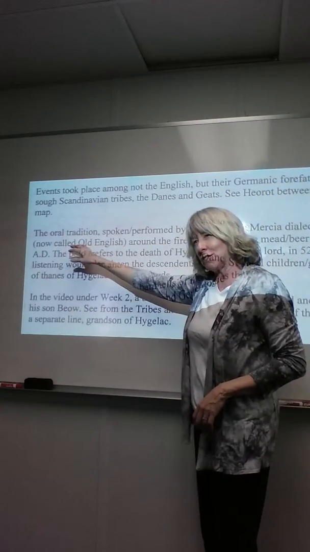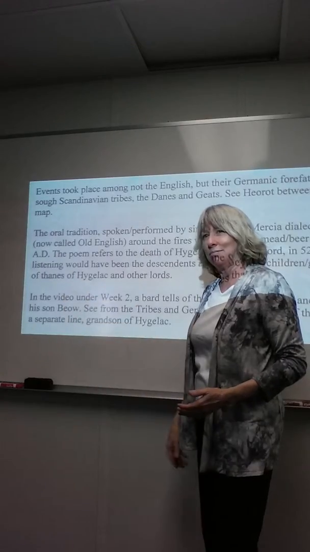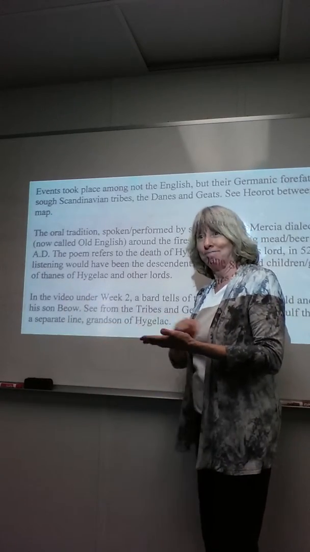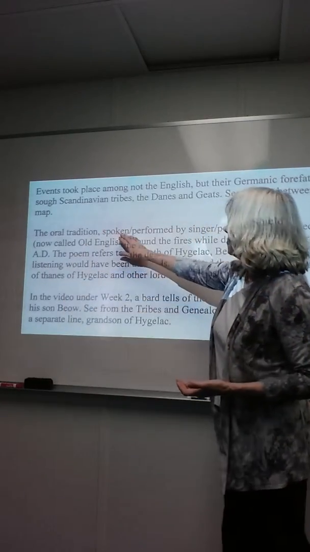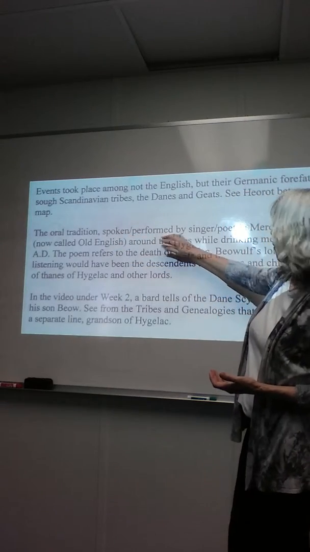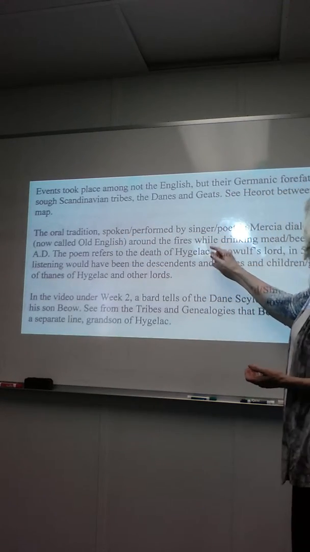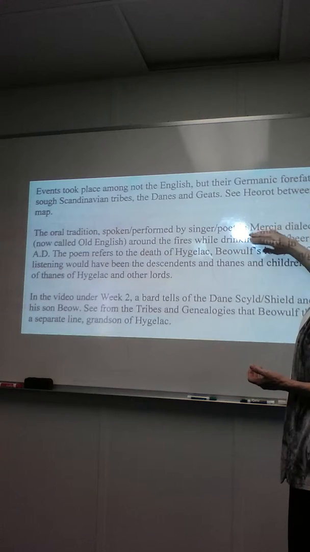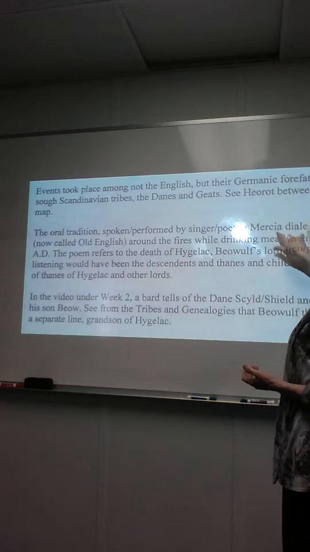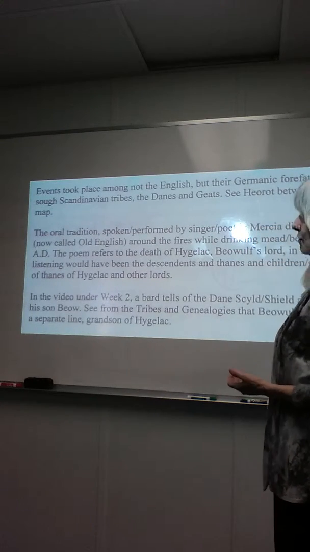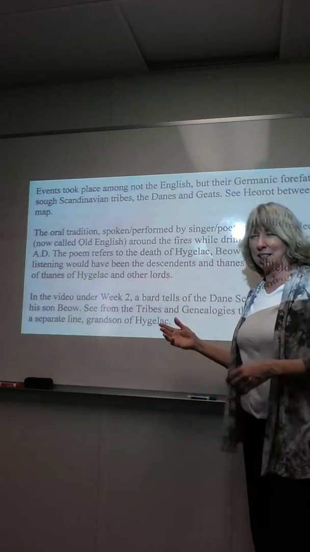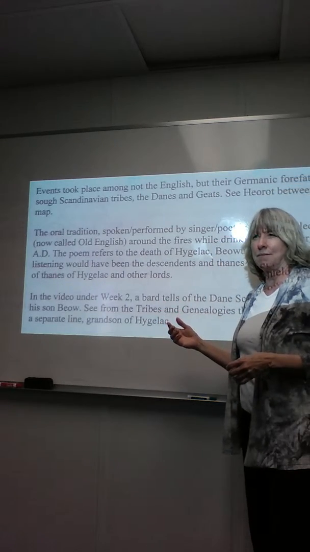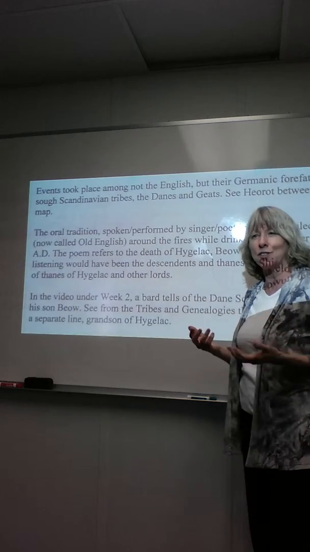It was an oral tradition because the story began before there was the written word. So it was spoken or performed by a singer or a poet. In Mercia, a Mercian dialect of the Midlands of England, that's where the story was first told.